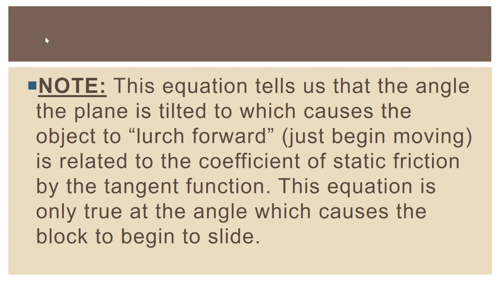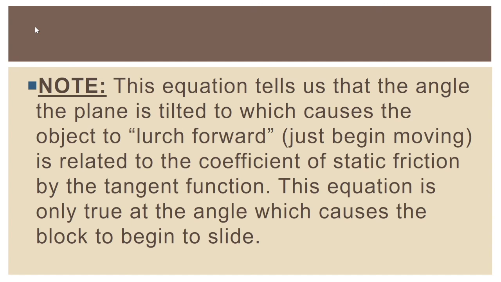If we went to an angle lower than 21.8 degrees, like 15 degrees, and took the tangent of 15 degrees, we would get 0.267. You're not allowed to say, because it's not moving here, that's what the coefficient of static friction is, because the coefficient of static friction is one number.